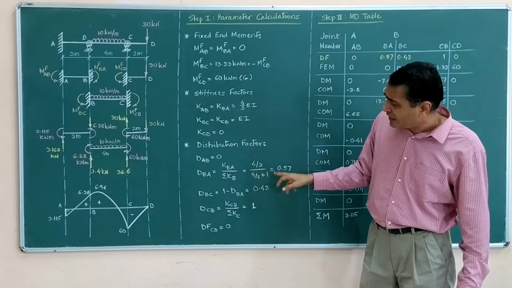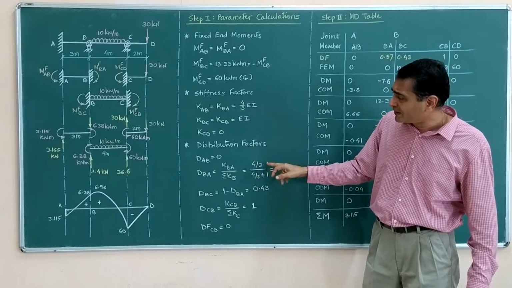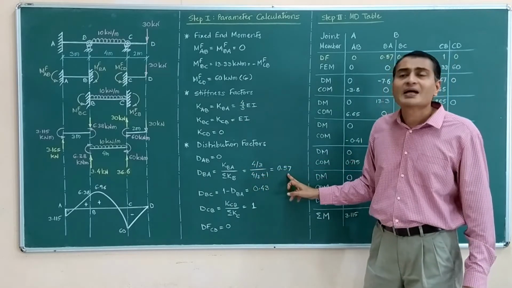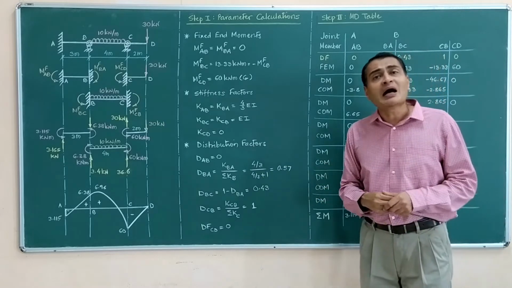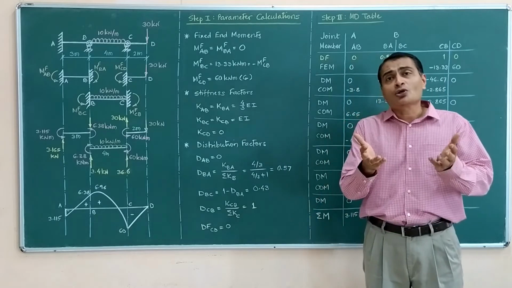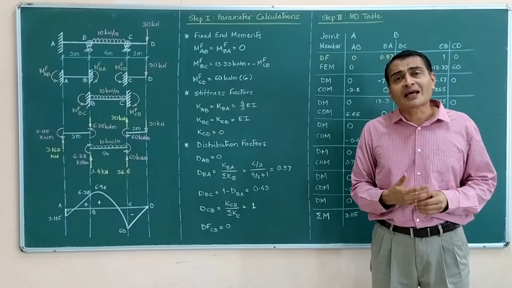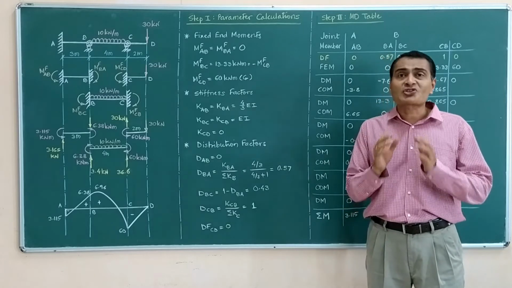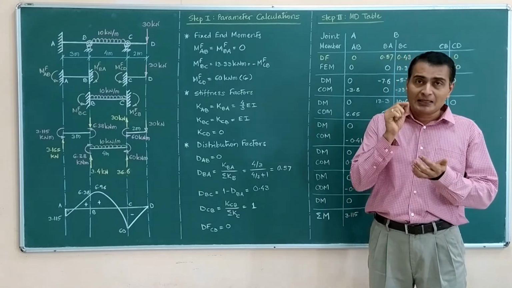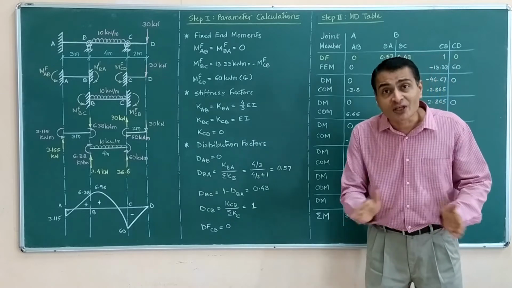So I have expressed in fractions 4 by 3 upon 4 by 3 plus 1, and it will eventually be 0.57. Again I am hoping, I am urging that you have pen, paper and calculator, you are actually writing, you are actually solving. Pause the video but calculate, get the value, then only proceed please.